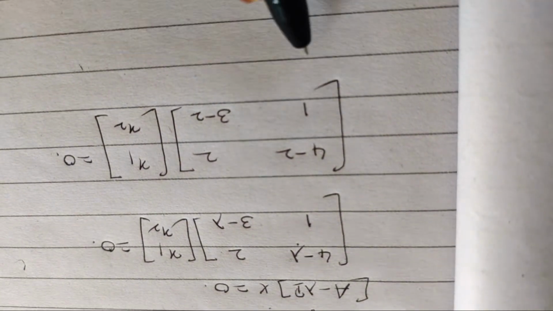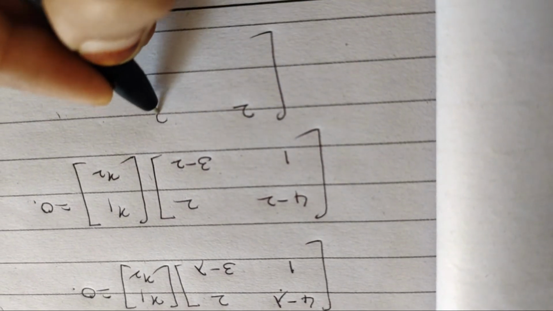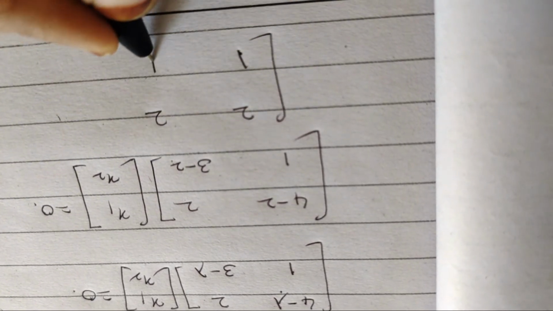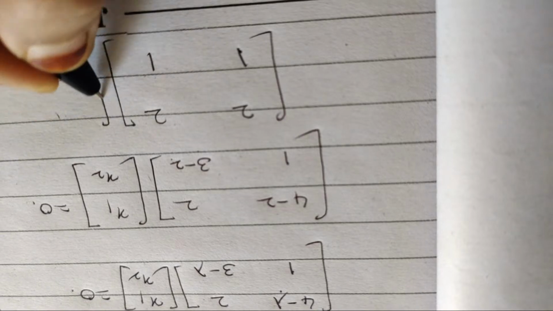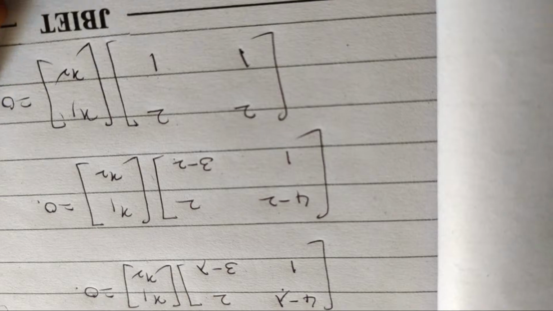Now 4 minus 2, it's equal to how much? It's equal to 2, then this is 2, 1, 3 minus 2, it's equal to 1, x1, x2, which is equal to 0.